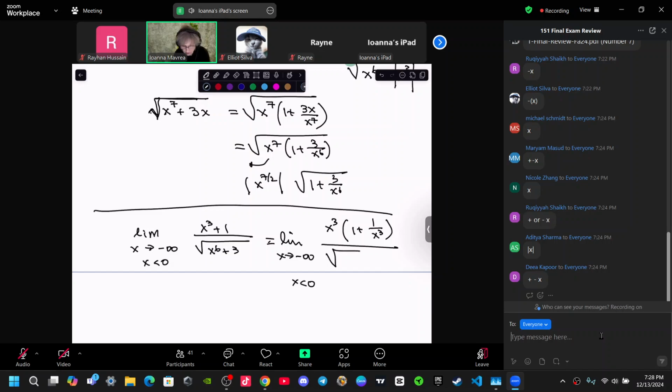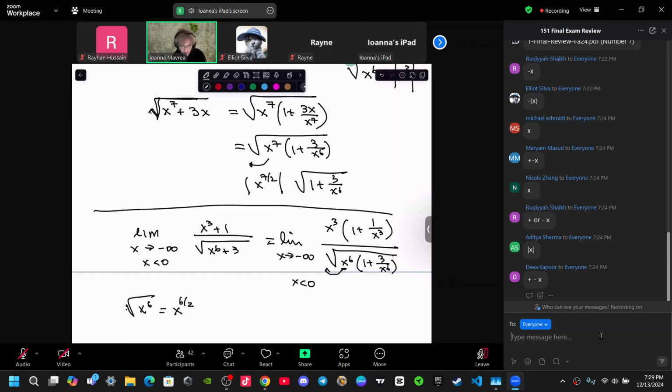And I'm going to do the same thing in the denominator slowly. First I'm going to take it outside of the stuff inside the root. So 1 plus 3 over x to the 6. And now I'm going to attempt to take this outside of the root. So I want to simplify the square root of x to the 6. I would write x to the 6 over 2.